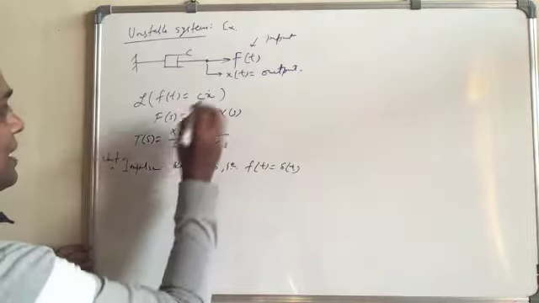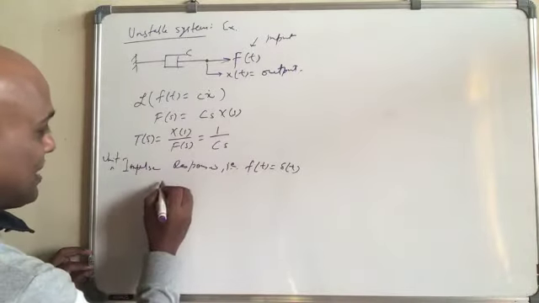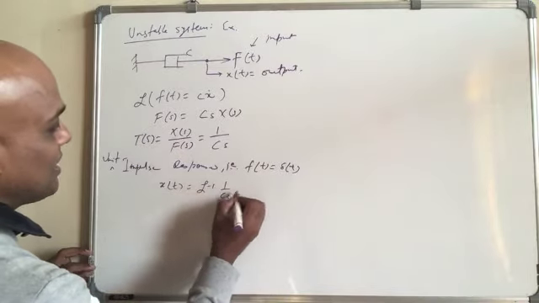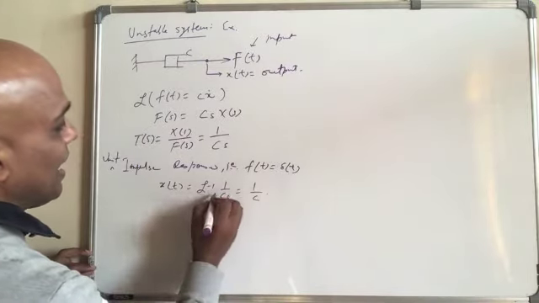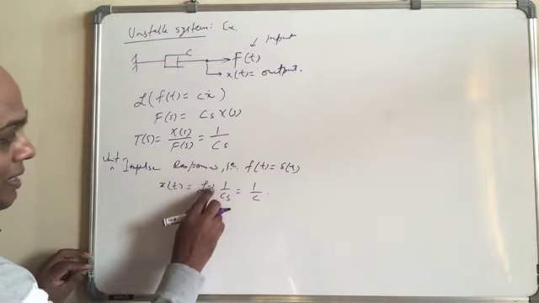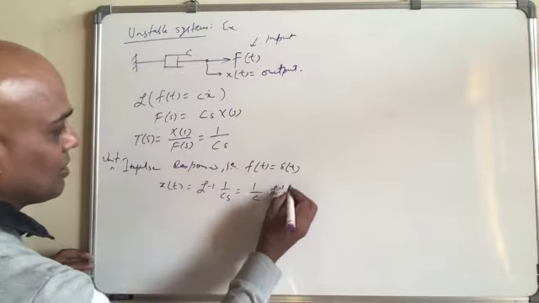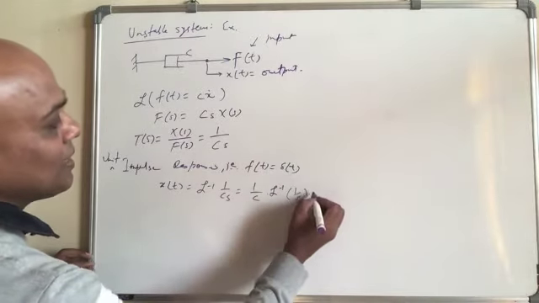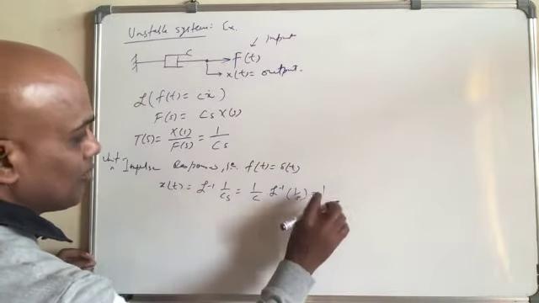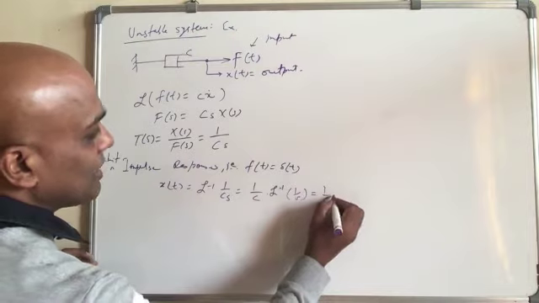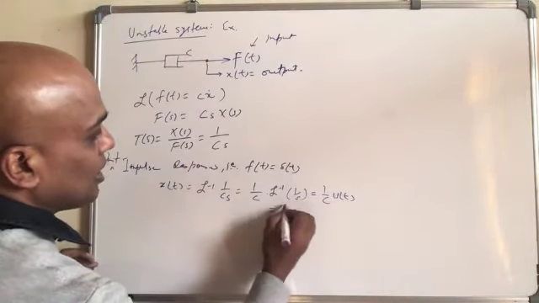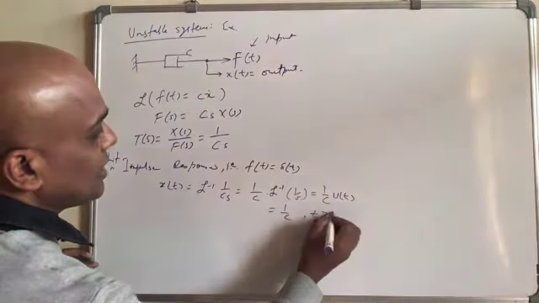We get X(t) equal to L inverse of 1 over Cs, equal to 1 over C times L inverse of 1 over s, which is 1 over just 1. So we get 1 over C times the unit step function, or simply equal to 1 over C for t greater than 0.